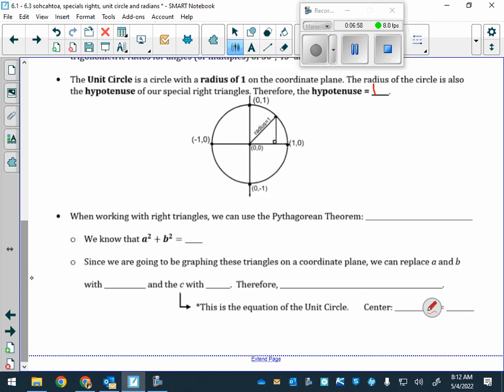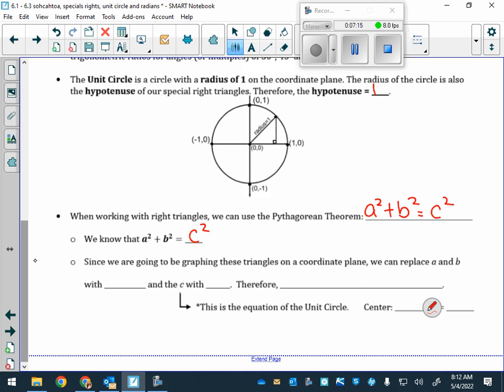So when working with right triangles, we use the Pythagorean theorem. A, B, and C was our hypotenuse. We know that. A squared plus B squared equals C squared.